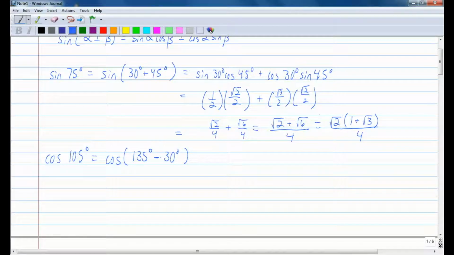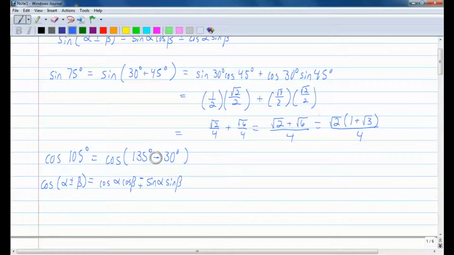Alright, so the formula for cosine is very similar to the one for sine, at least the format is. The formula for cosine is the cosine of alpha plus or minus beta is equal to cosine of alpha times cosine of beta minus or plus sine of alpha times sine of beta.